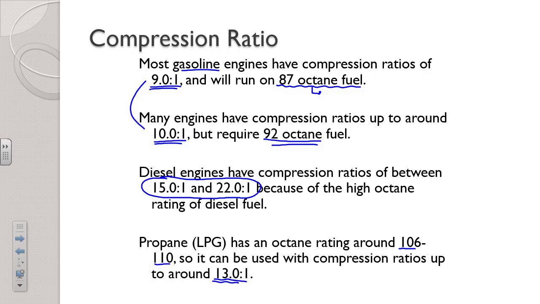So as we're working through problems for today, this gives you an idea of what to expect. Anytime we're working with a gasoline engine, we better get a compression ratio somewhere around 9 or 10 to 1. If we're working with a diesel engine, you can expect somewhere in the neighborhood of 15 or 20 to 1.